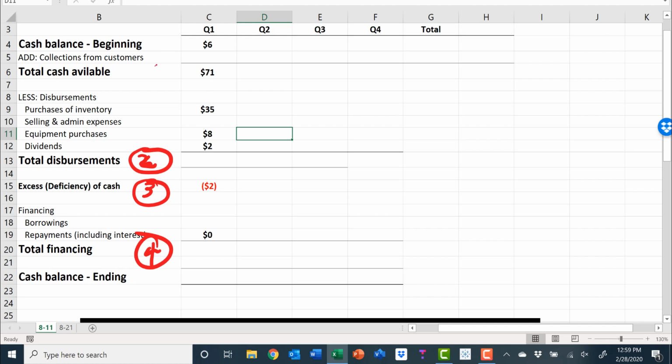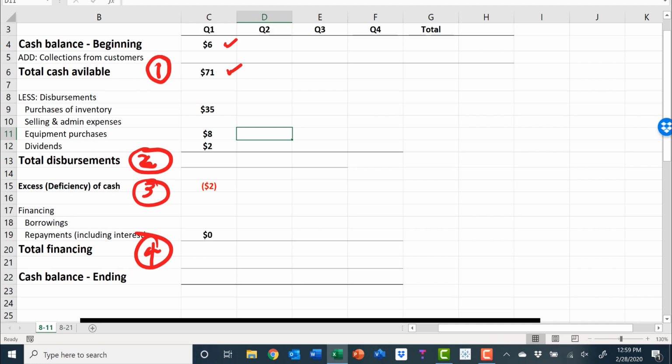So we've been given our beginning cash balance and a total cash available. This is what's in my bank account to begin with. And then now I have what's available to me based on what I started with, and then new cash that I got in the door, what was added during the period.